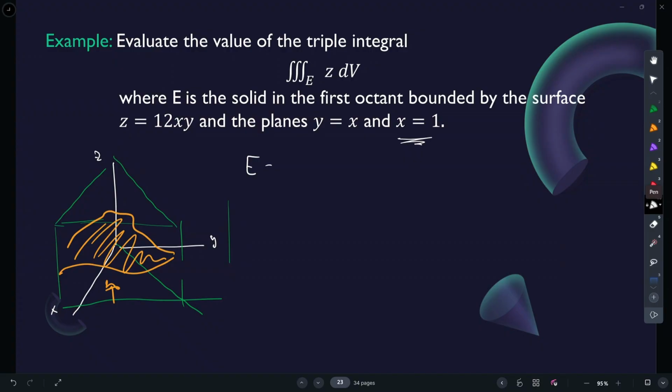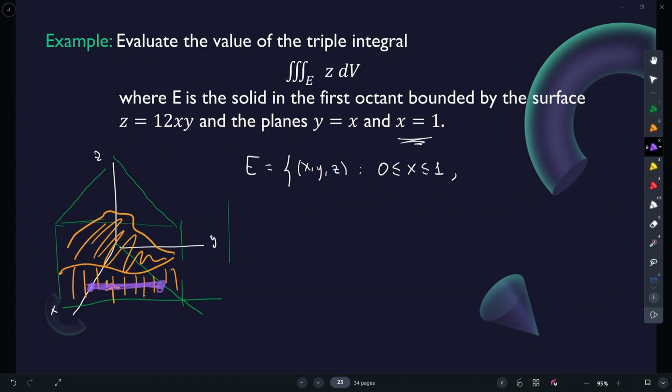So the region is going to be x, y, z, and as I said, it's the region that is in here. So first of all, x is between 0 and 1. If I want to set it up as a type 1 triple integral, the x has to run in an interval. The y can run, if I look at my graph right here, for a given x, the y can run up to x.